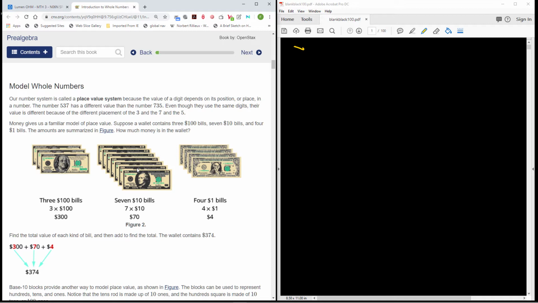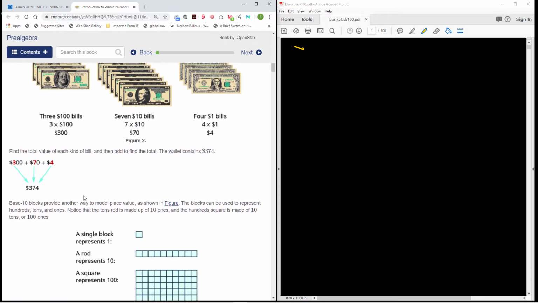Now, our number system is a place value system where each place value represents a multiple of 10. Here we have the number 374, where each place represents a multiple of 10.